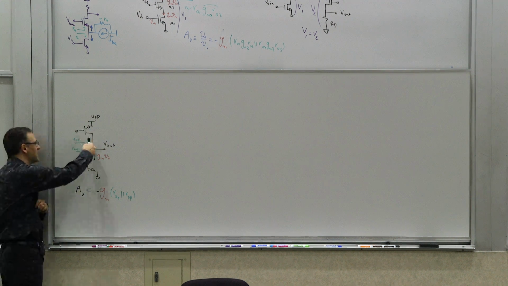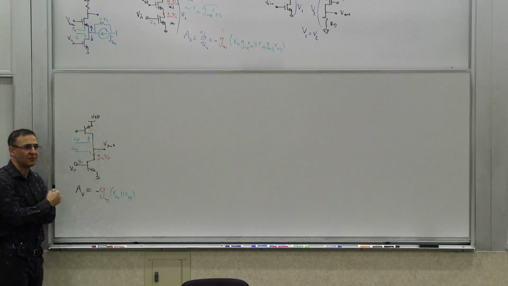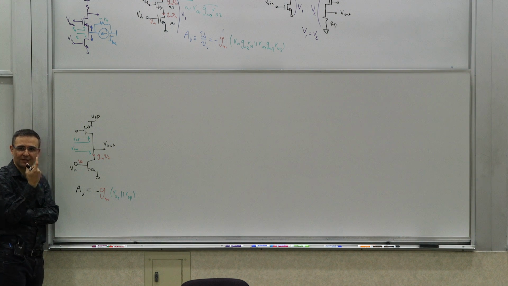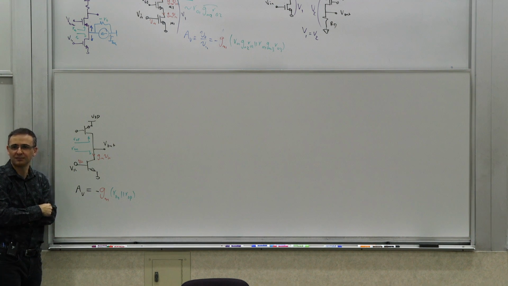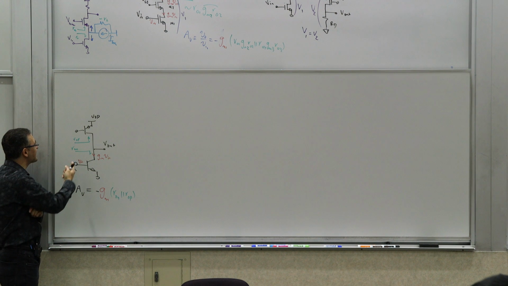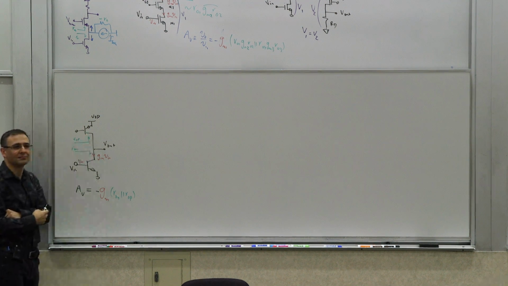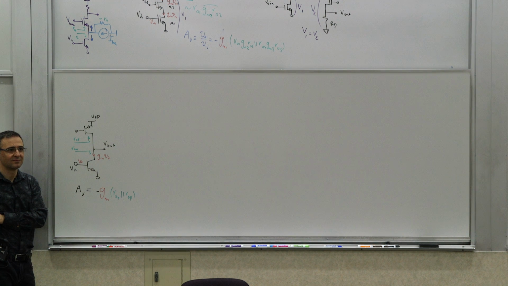Why do we have this PNP instead of a resistor? We are really using it as something. As what? As a current source, right? Basically, we are using it as a high output impedance thing that can carry current.